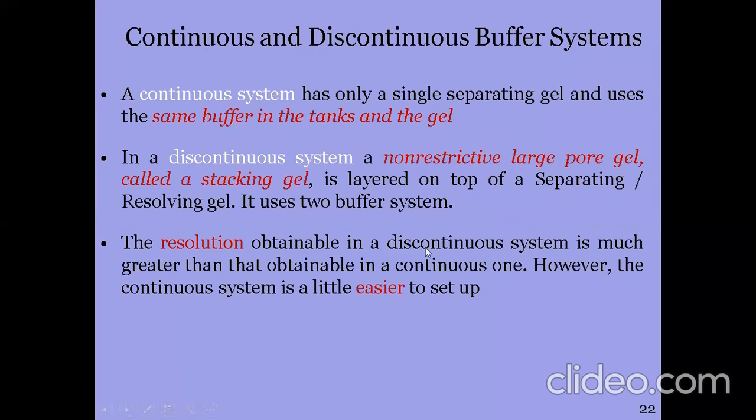The resolution obtainable in a discontinuous system is much greater than that obtainable in the continuous system. So a discontinuous system, which has stacking and resolving gel, meaning two parts of the gel, gives better resolution of results than the continuous system. However, the continuous system is a little bit easier to set up. In the continuous system only one gel has to be made, so that is easy to go with.